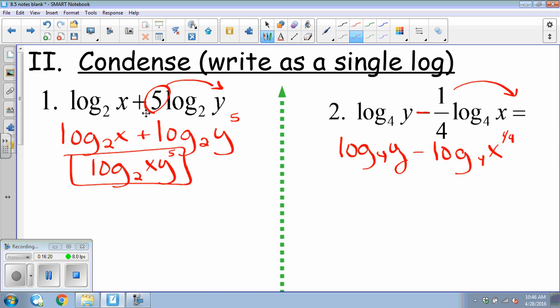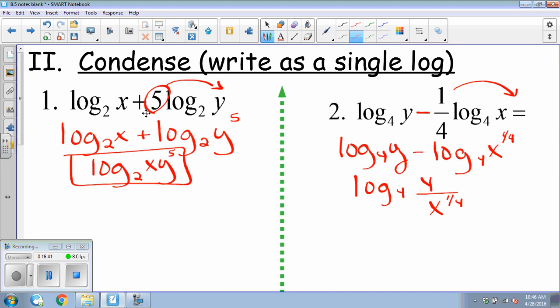Minus, subtraction condenses to what? Division. Subtraction and division go together. So this is log base 4 of y divided by x to the 1/4 power.